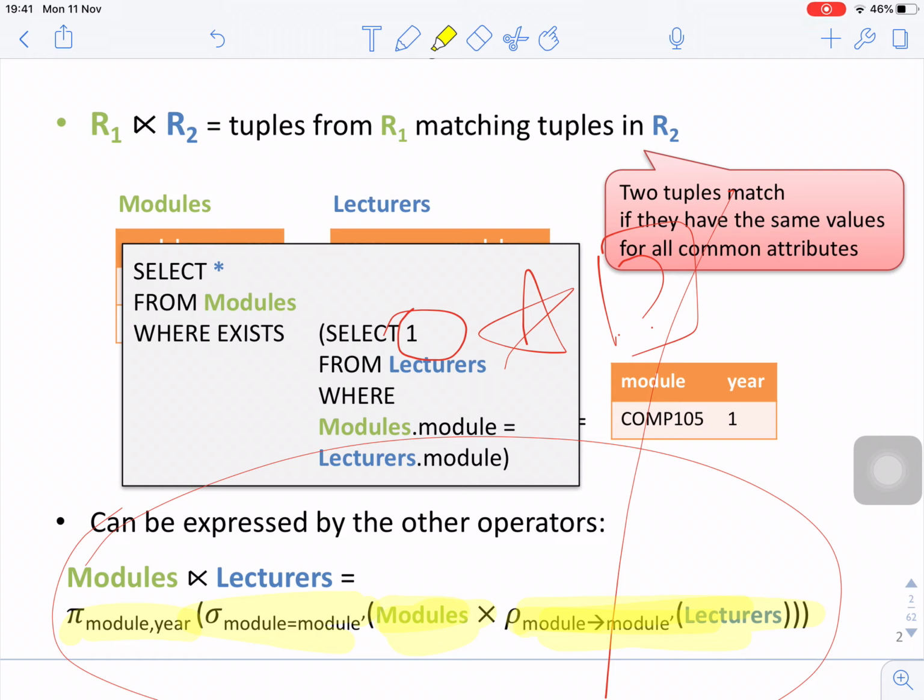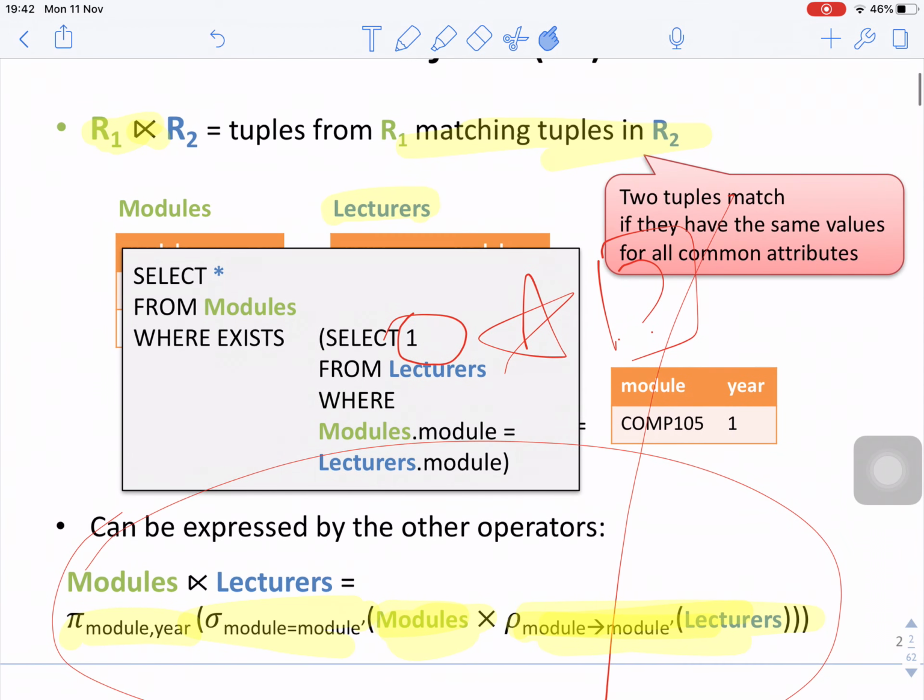Actually, I'm not sure what is select one, and the next thing is select all from modules. Yeah, it's R1. Everything in R1 is included where it is matching the tuples in R2.